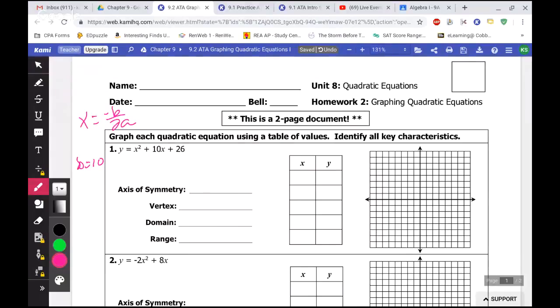So we would plug in the opposite of 10 over 2 times 1, because A is 1. So that's going to be -5, because 2 times 1 is 2, and then -10 divided by 2 is -5. So our axis is, hey, how are you, Grayson? Good. Our axis of symmetry, 1, 2, 3, 4, 5.